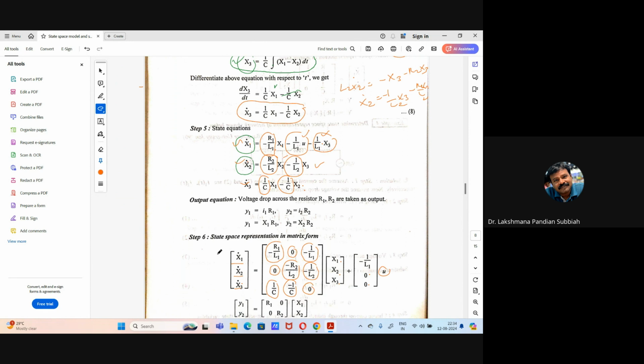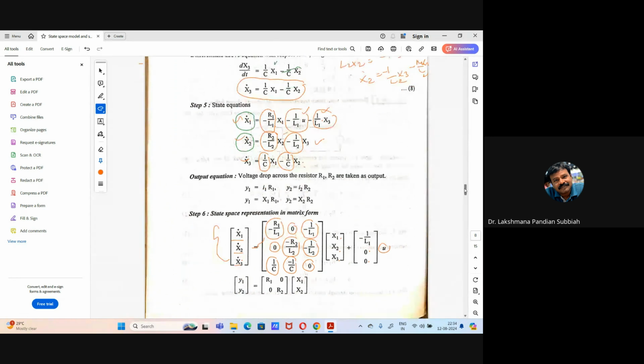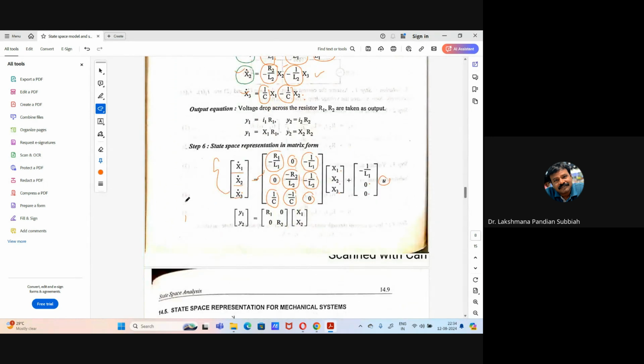Now this is the state-space representation. For the output, y1 and y2: y1 has only the x1 term, R1, and no x2 term, so that is 0.